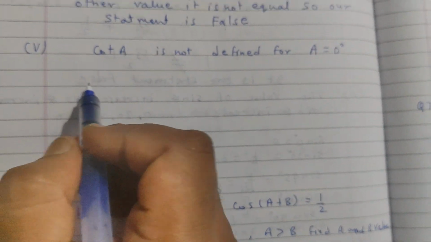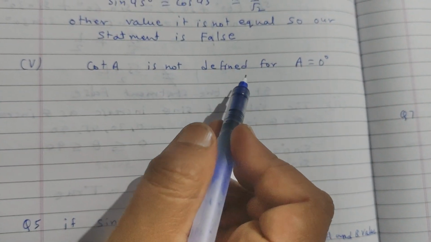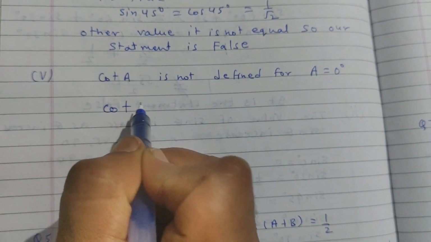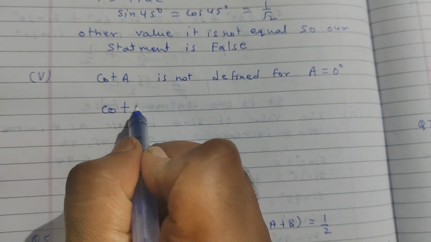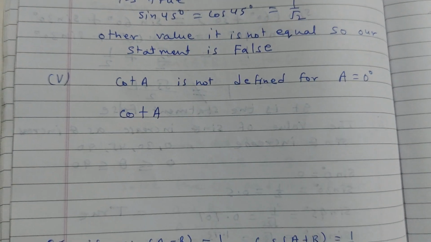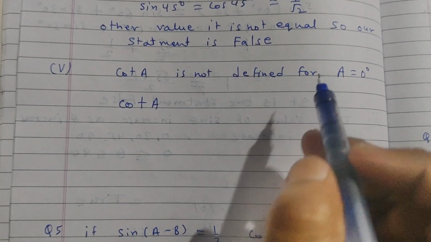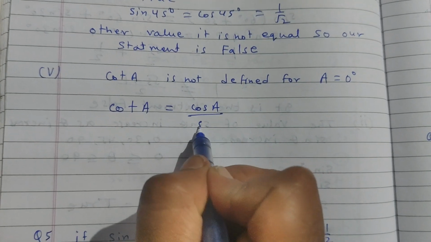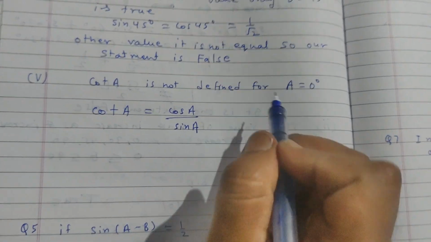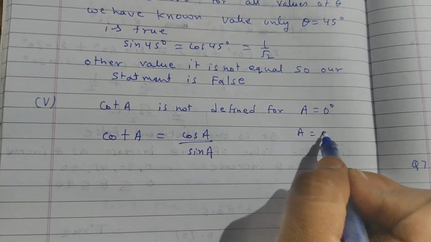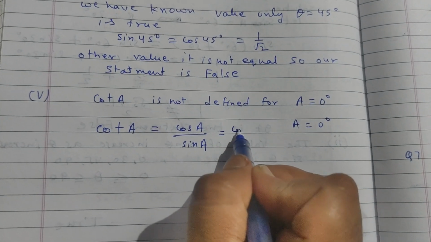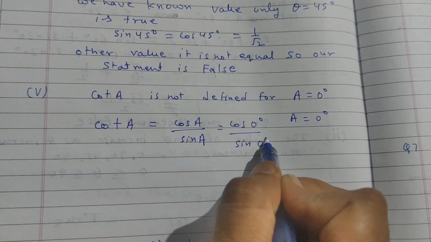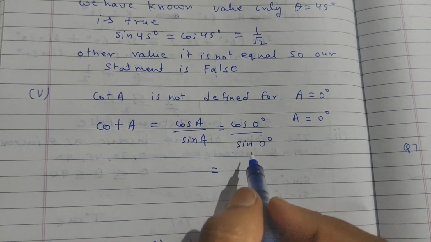Here, question number 5: cot A is not defined for A equal to 0. Here cot A is equal to cos A by sin A. Here A is equal to 0 degree, so cos 0 degree over sin 0 degree.